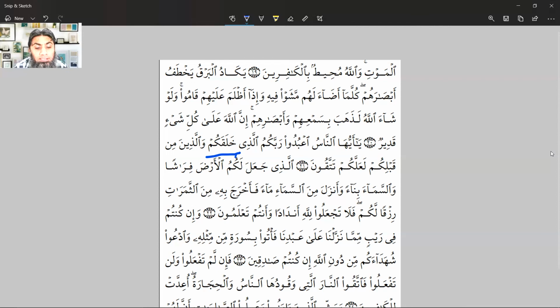In the previous one, please identify the shart and jawabu shart. From very beginning, or from there? No, from wa in kuntum fi raybin.